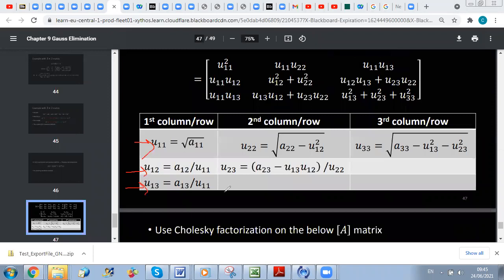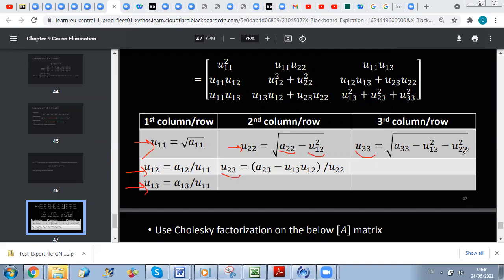U13 is A13 over U11. Now you can find U22 as a function of A22 and U12 by doing the comparison as we did. U23 is A23 minus U13, U12 over U22. And you have that U33 is equal to radical A33 minus U13 squared minus U23 squared.